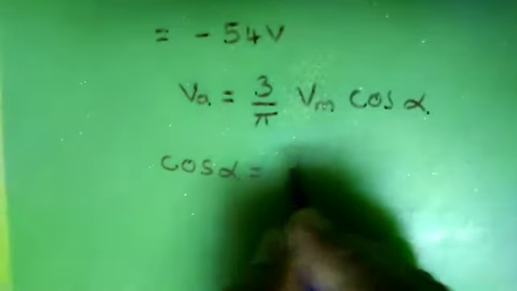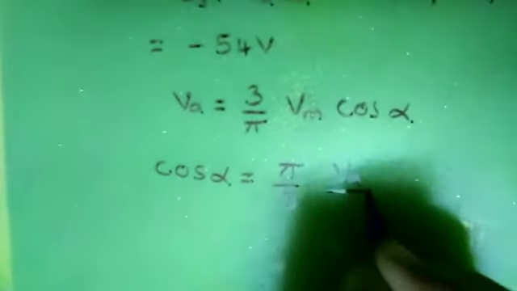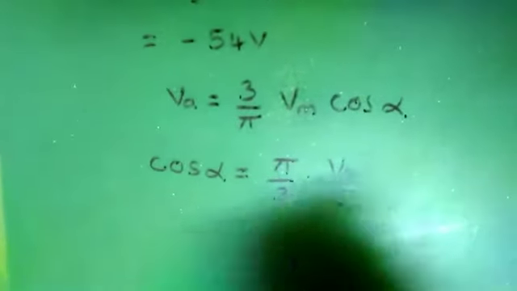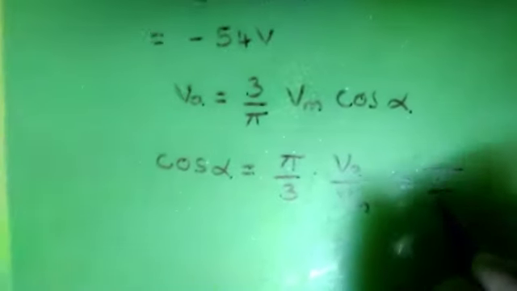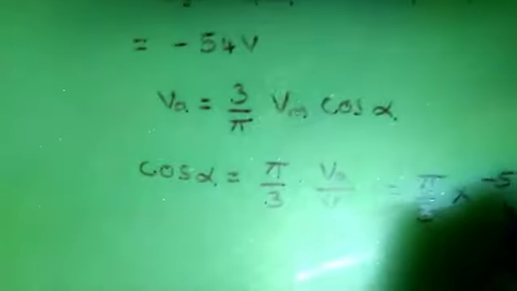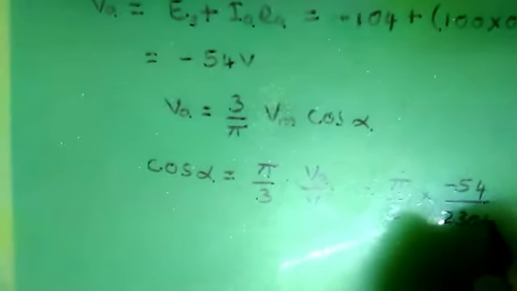So calculating, cos alpha is equal to π/3 times VA by VM. Now it is π/3 into minus 54 divided by 230.4.